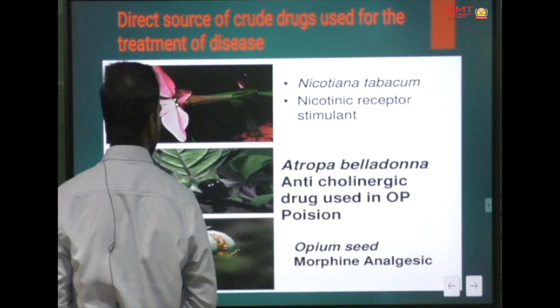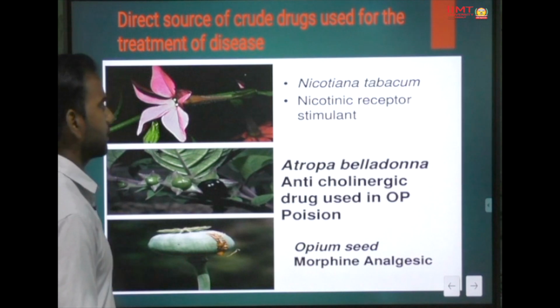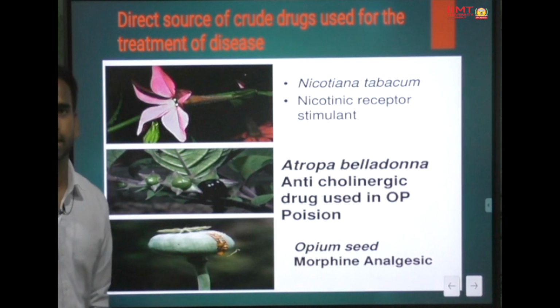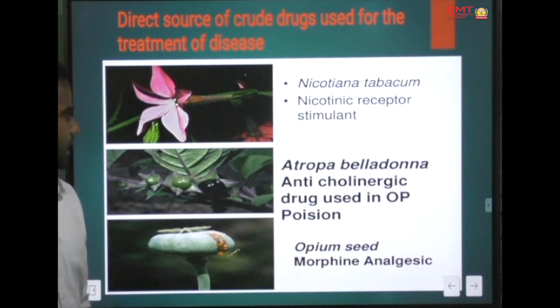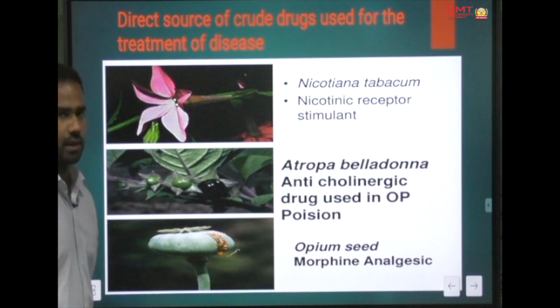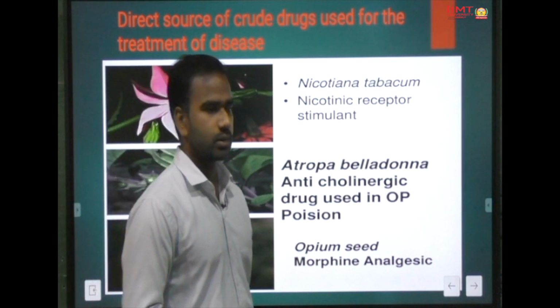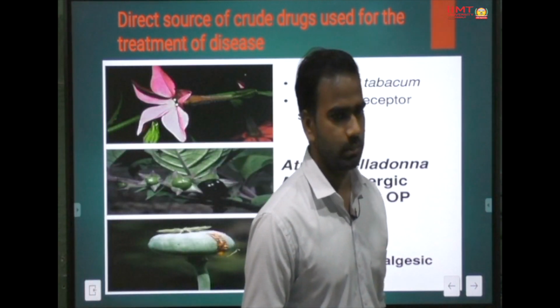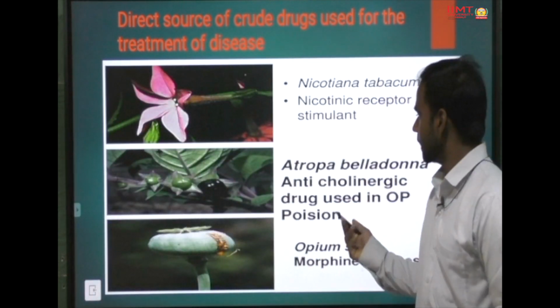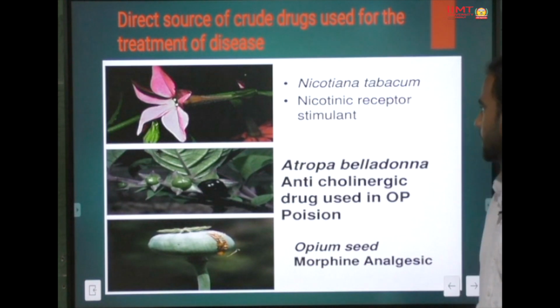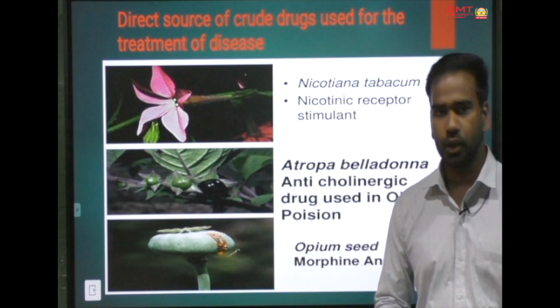If we talk about Nicotiana tabacum, whose name you have already seen, it is used for its stimulant properties, on the immune system, and also CNS stimulation. Here one of the phytochemicals is nicotinic acid, which acts on nicotinic receptors and thus stimulates the physiological state of the human body.